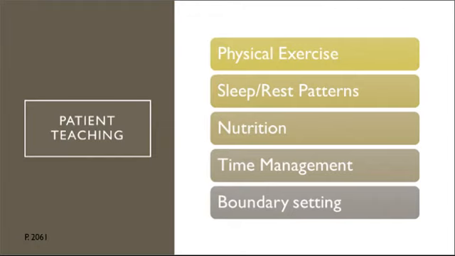Time management, balancing out the good and the bad, the work and the relaxation. Boundary setting. Boundary setting is a huge teaching to do. Listed there in your patient teaching on the top of page 2061 are the five areas I just mentioned.